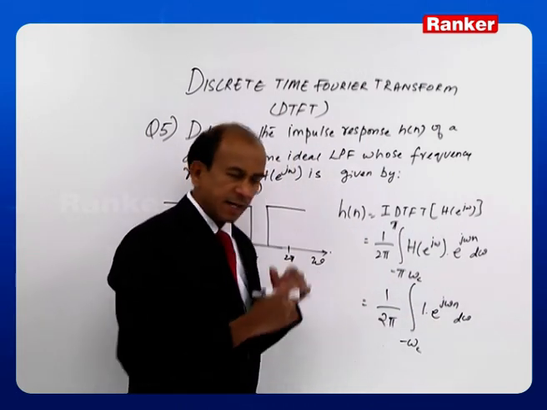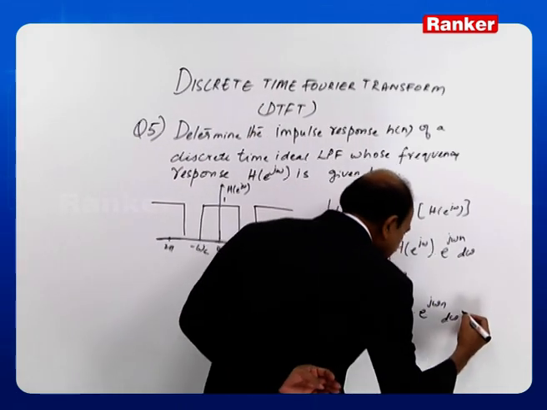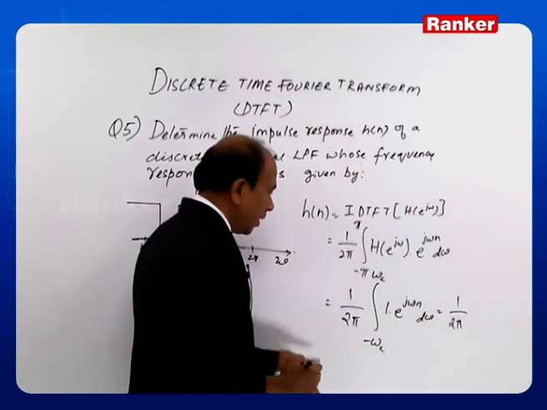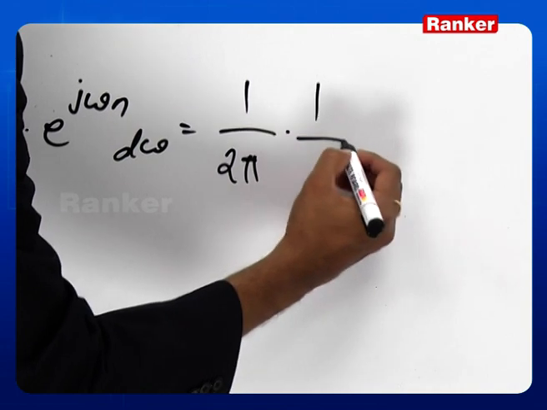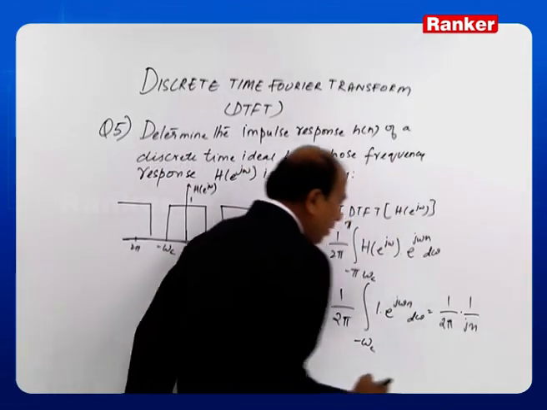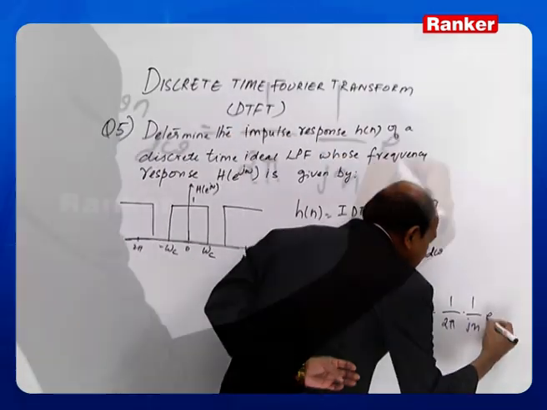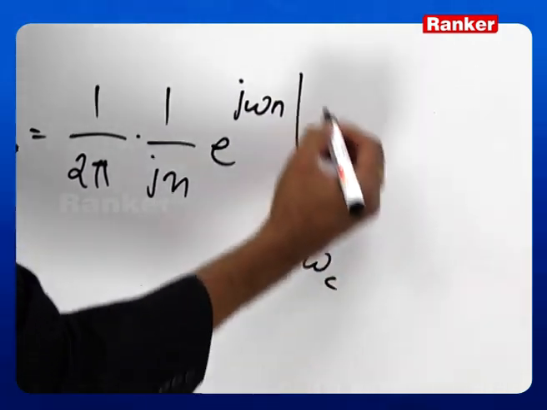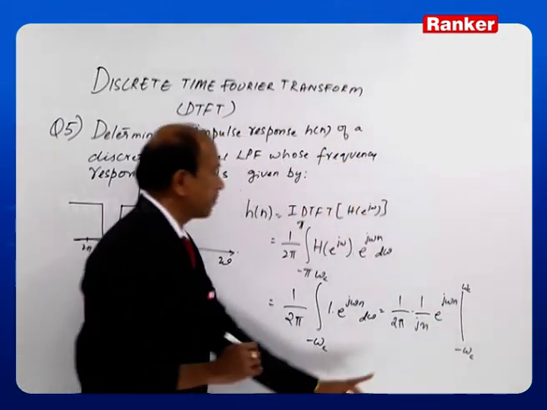Let us integrate this. When I integrate, I get 1 by 2 pi into 1 by j n, e to the power of j omega n, from minus omega c to plus omega c.